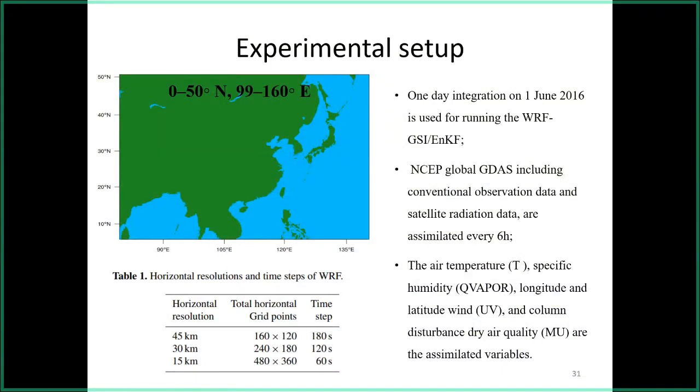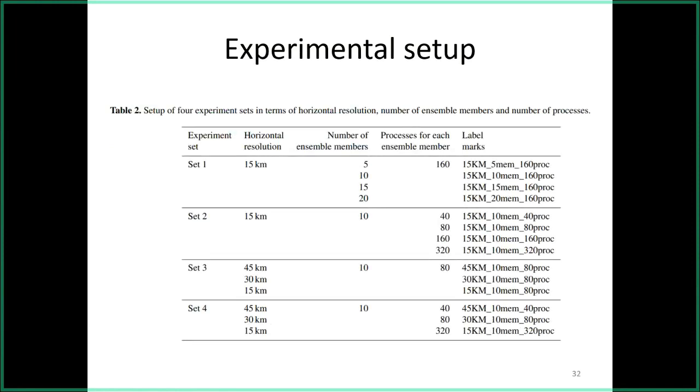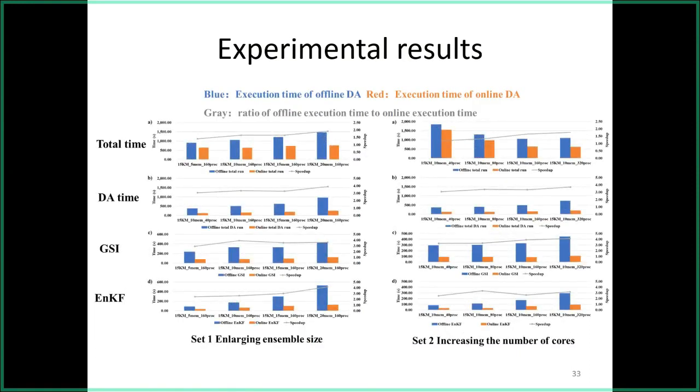We evaluate the performance with the model and design 4 sets of experiments under different resolutions, different numbers of ensemble members, and different numbers of processors. The experimental results on each set demonstrate that this framework can improve the performance, reducing the execution time of the original offline DA system.